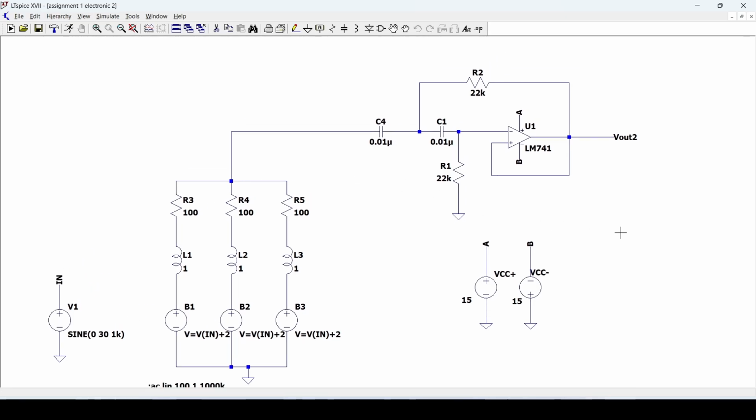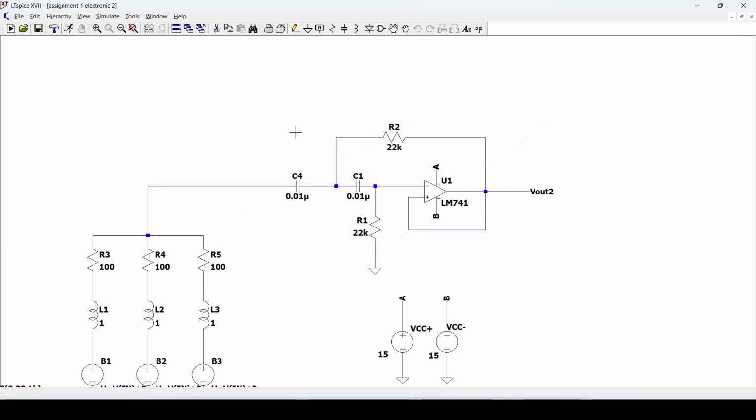For the active filter, we choose the high pass Sallen-Key. This filter uses a voltage amplifier with a high input impedance and low output impedance, so it is a perfect circuit for this task.